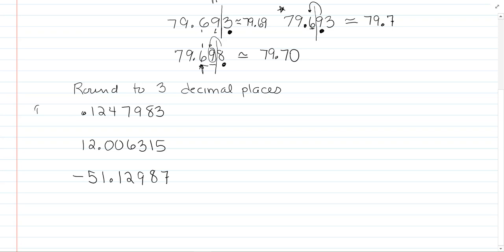Okay, so I'll try these 3. If you're trying these on your own, go ahead and stop the video, write the answers down, and then compare your answers to my answers.